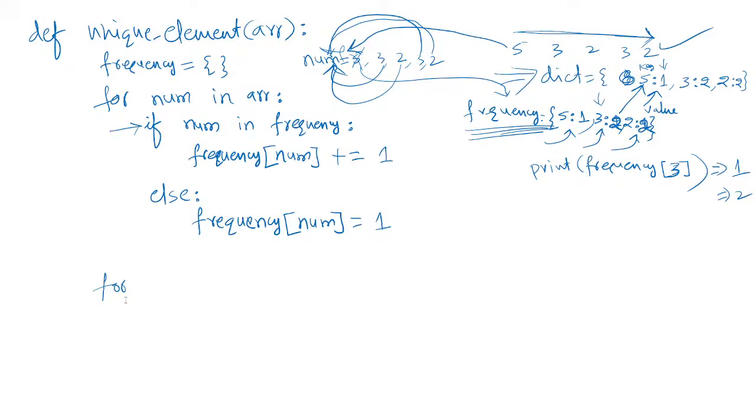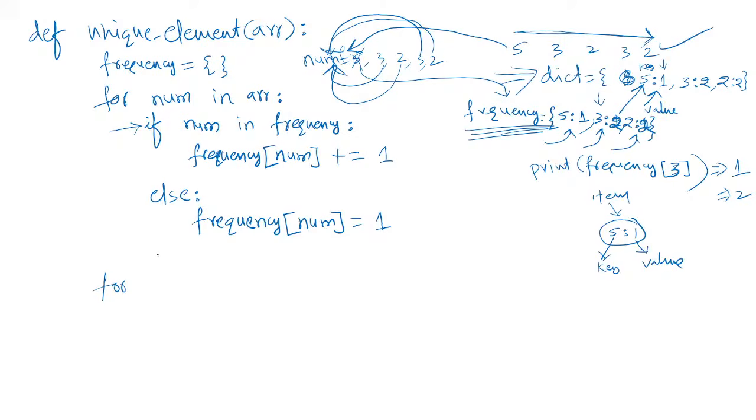Now when you read elements from a dictionary, each is read as an item. So 5 comma 1 will be read as an item, and this item contains two values, so it returns two values. One is called the key and the second one is called the value.